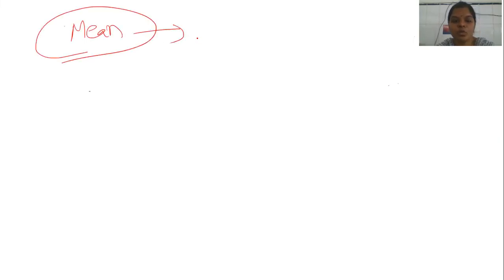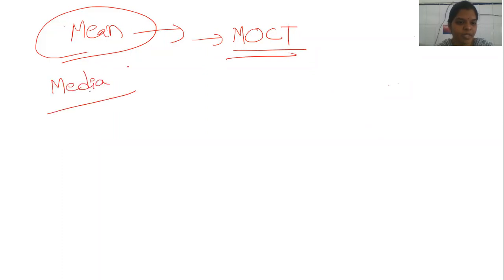In the last class, I discussed the mean, right? The mean was completed. This is also one of the measures of central tendency. The second measure in the measures of central tendency is the median. The mean was the first, and the second one is the median.